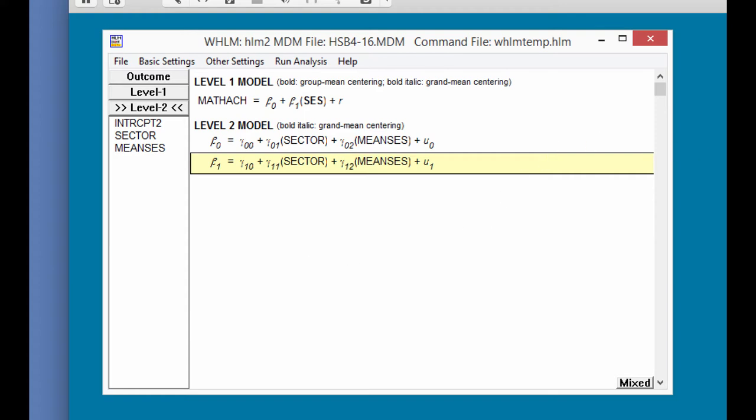What we want to see in our graph is how sector predicts math achievement when controlling for mean SES, and how mean SES predicts math achievement when controlling for sector. We're going to look at the intercepts and the slopes graphically for those relationships.